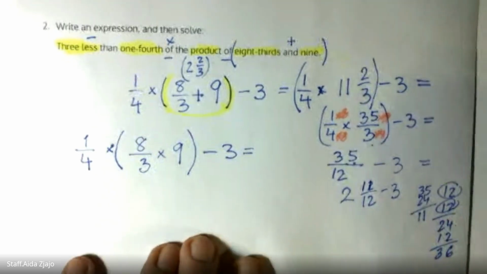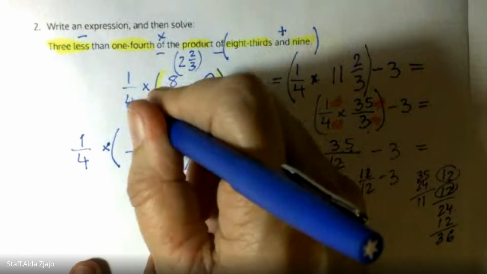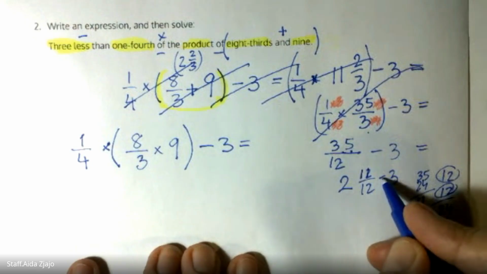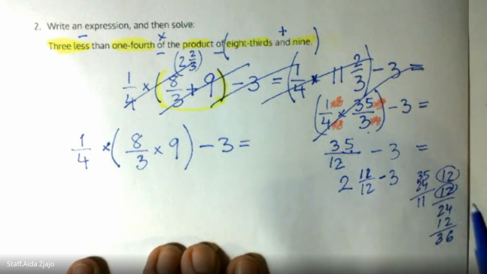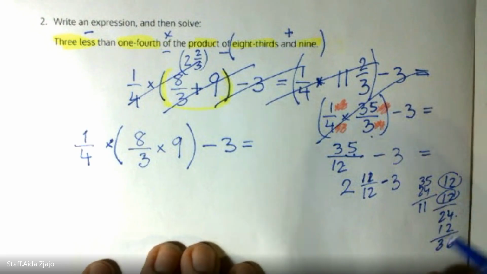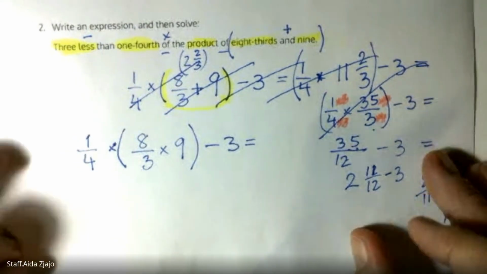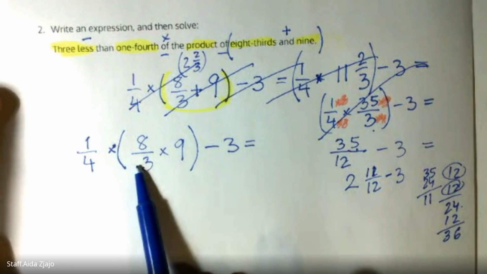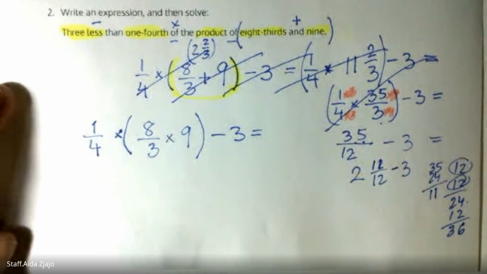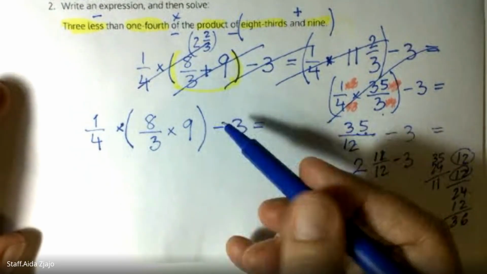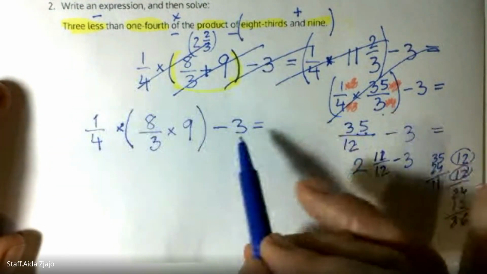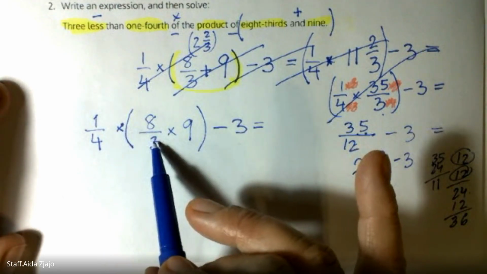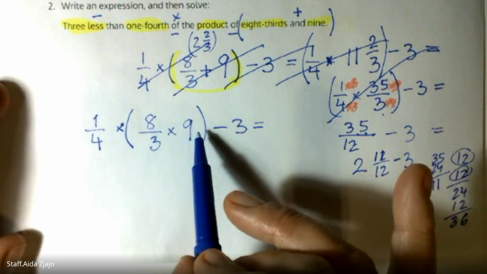Finally, I figured out that this solution is not correct because I got a negative number, 2 wholes minus 3 wholes. In 5th grade, we did not learn that yet, and so plausibly my second choice could be the solution: 3 less than 1/4 of the product of 8 thirds and 9.